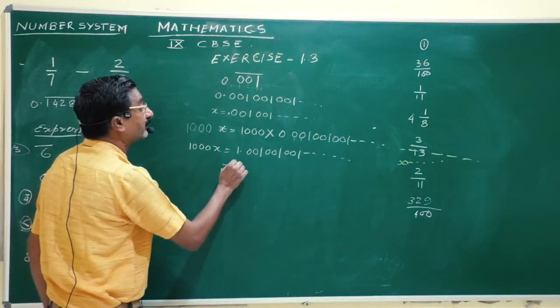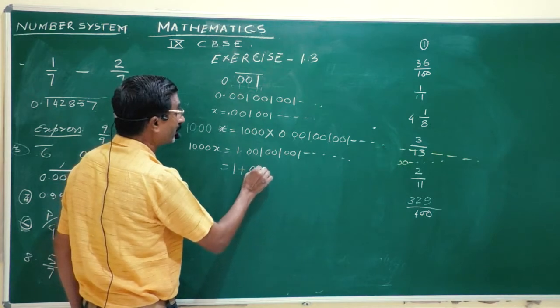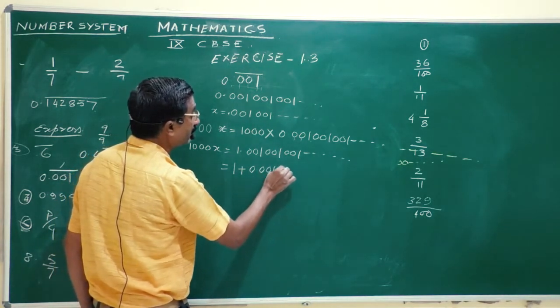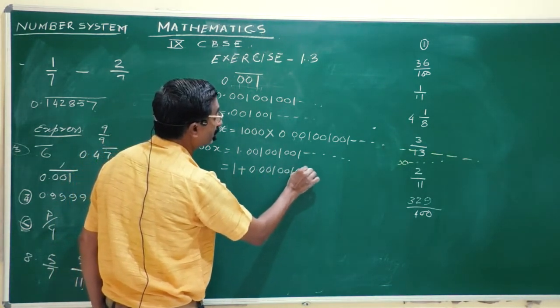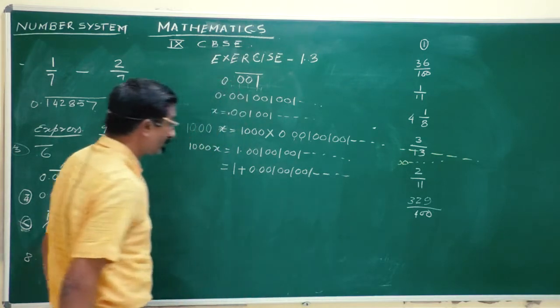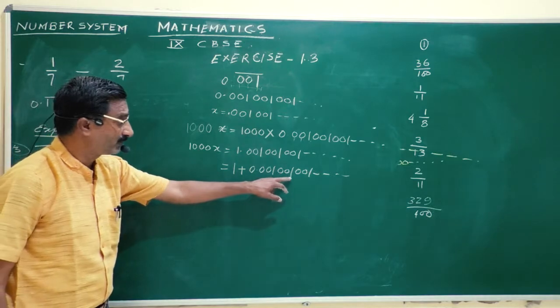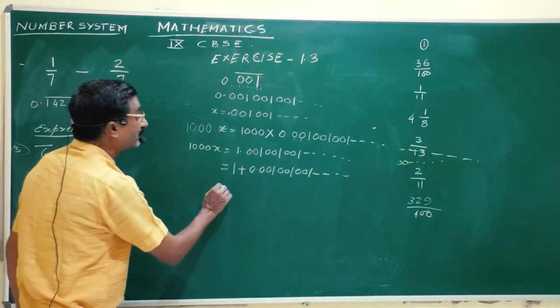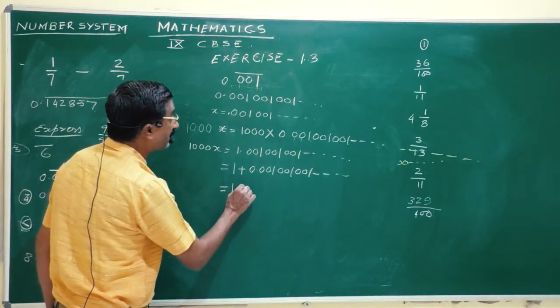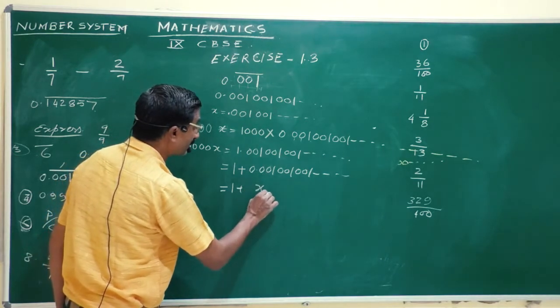This can be written as 1 plus 0.001001001 and so on, which is again 1 plus x.